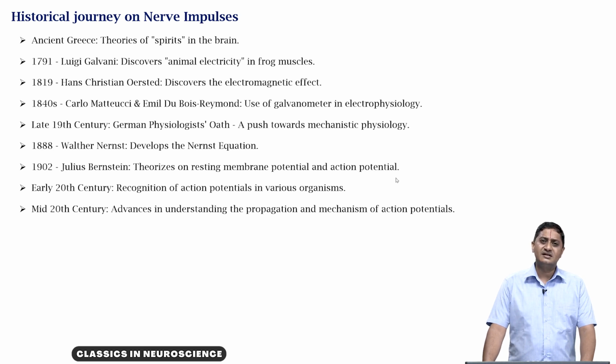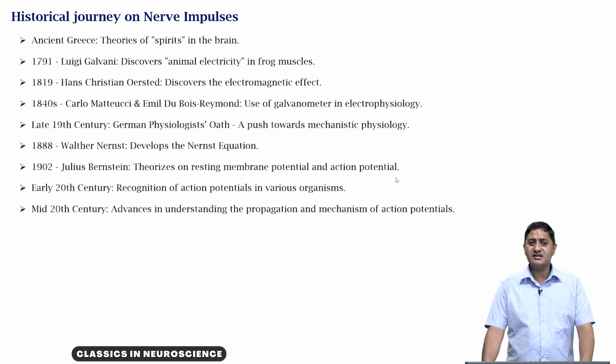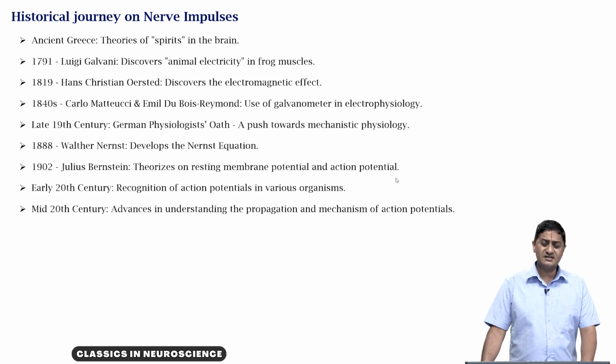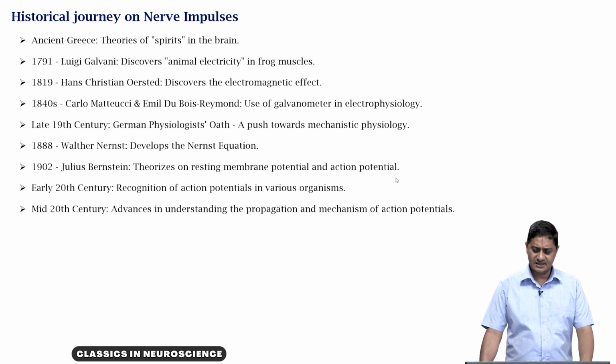That is, it can maintain a steady potential difference across its membrane, and it can support a wave of potential difference travelling along its length. This is the reason why these axons are called excitable membranes. How does this propagation happen? Through this mechanism called action potentials.